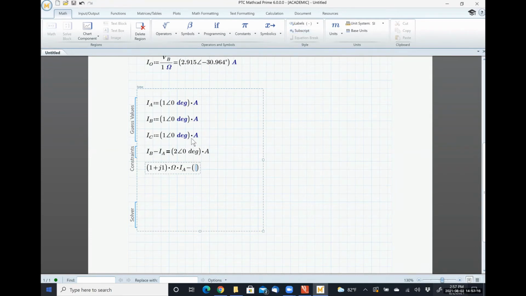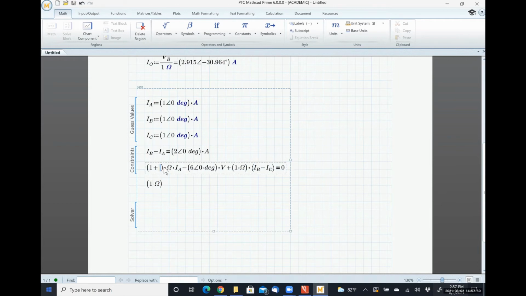Minus 6 angle 0 degrees volts plus 1 ohm times (IB minus IC) is equal to 0. And my third equation should be, actually, there's a mistake up here.